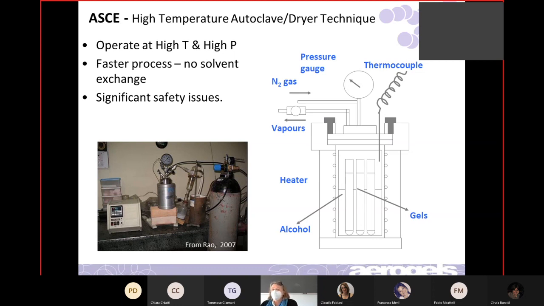Sometimes they pre-pressurize with a nitrogen gas. This is from their drawing. They use a pressure gauge. So they watch that. They heat it, and because it's confined, as you heat it, the temperature and the pressure will go up. And you can bring it up to that high temperature. And again, if we're talking about methanol, you want to be above 240 degrees C and 81 bar.